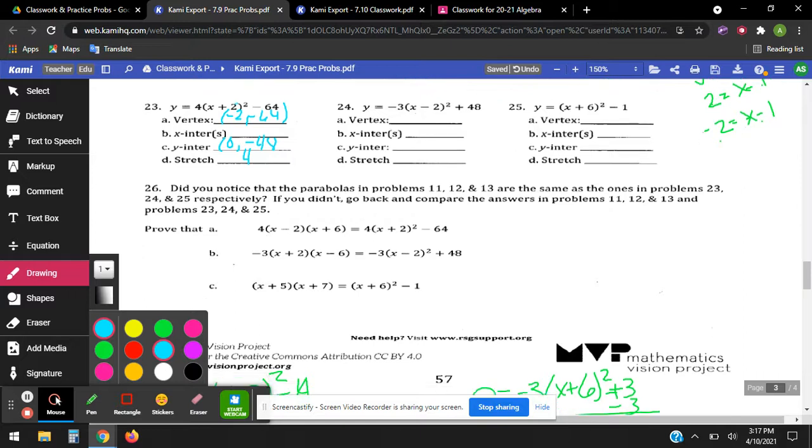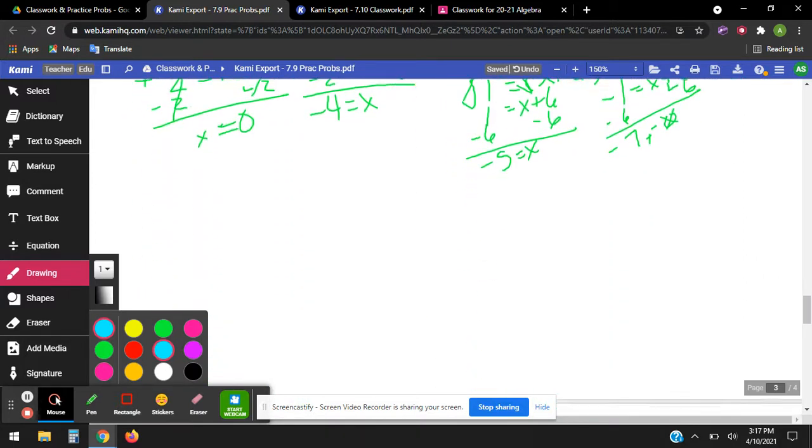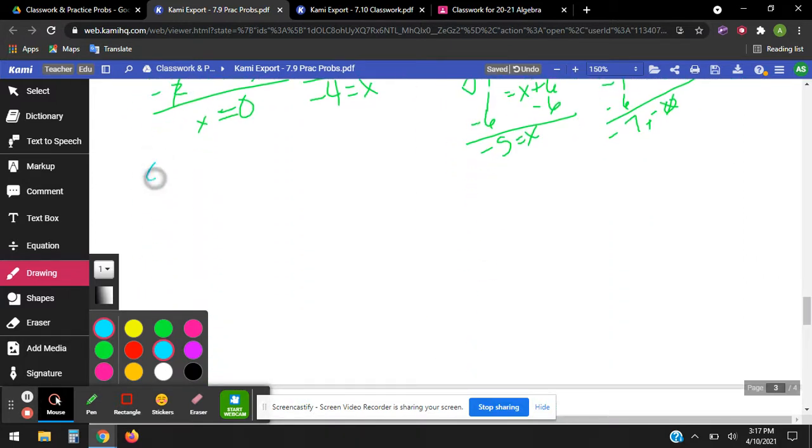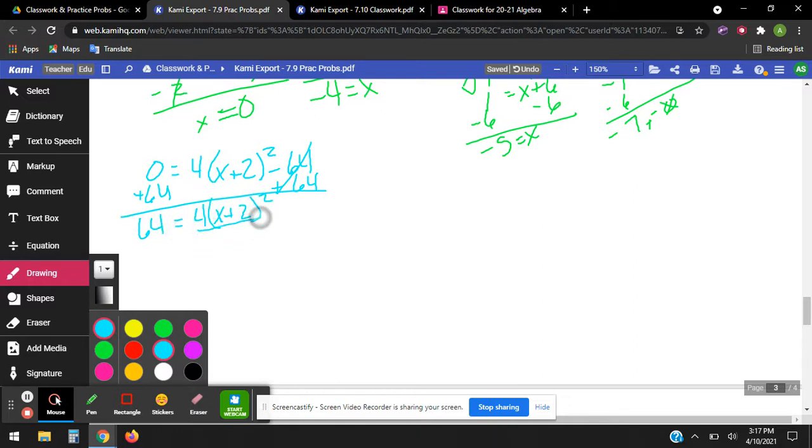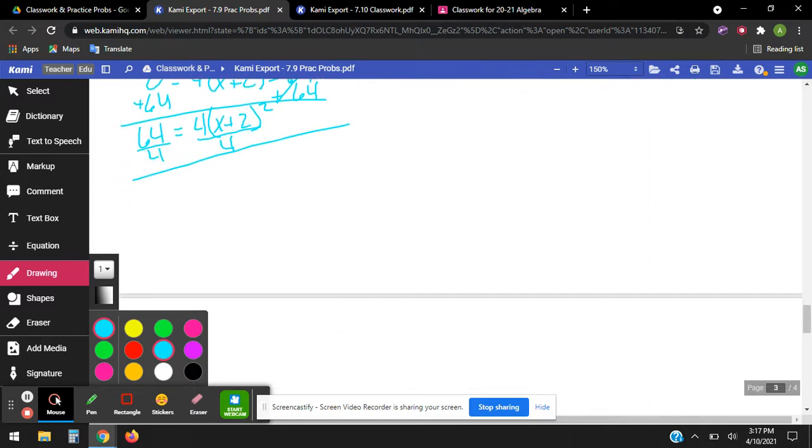So let's go down here and we will work on our other piece. So I have 0 equals 4 times x plus 2 squared, minus 64. So add 64. 64 equals 4 times x plus 2 squared. Divide by 4. 64 divided by 4, I believe, is 16 equals x plus 2 squared.